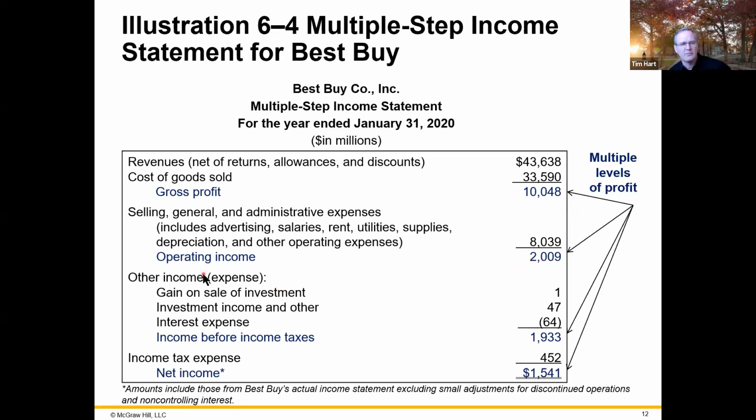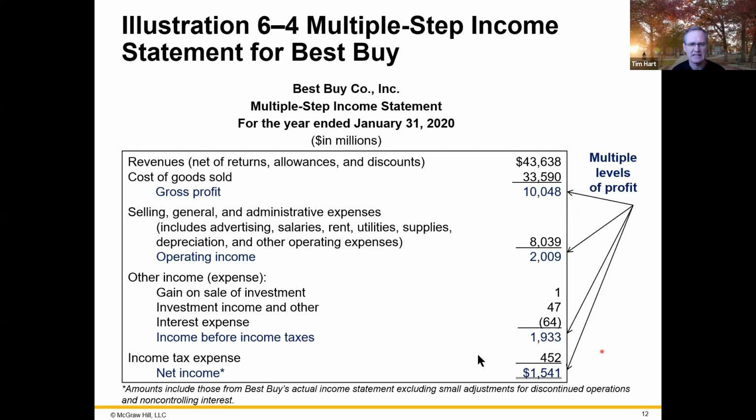And then other income, right? Things that we might see from investing activities primarily, and then other types of less common things, right? Gain on a sale of investment, investment income, interest expense, just other things. And this will be income before income taxes. Companies like to report this number as well.